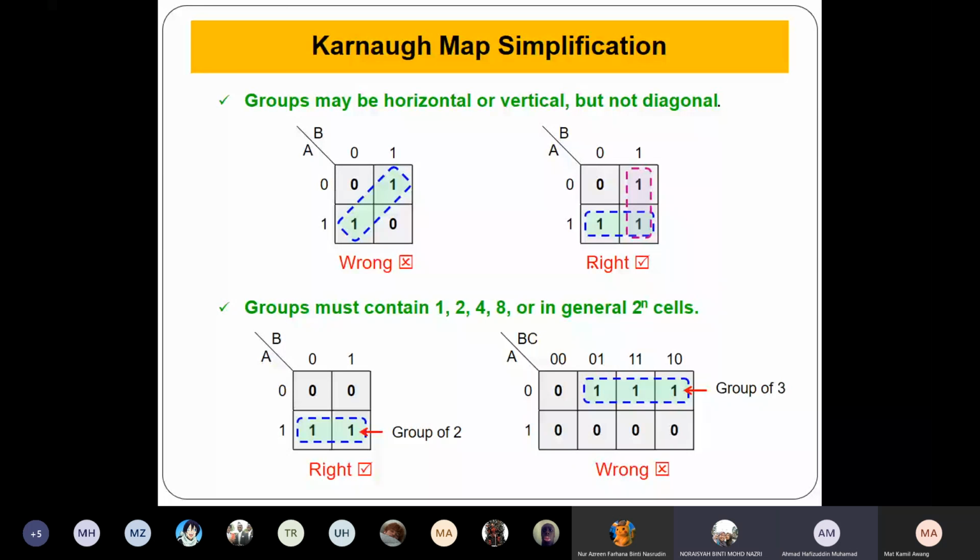Because there is no variable that stays constant if you group them. Basically for this example, this one is actually A. Because the constant is A, 1. This one is B. See? So the expression of this is actually A plus B.